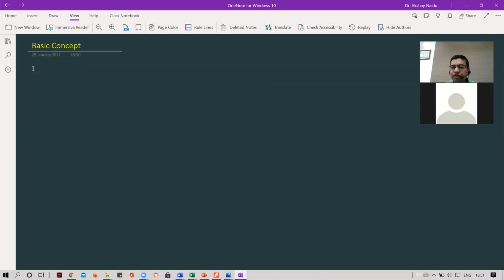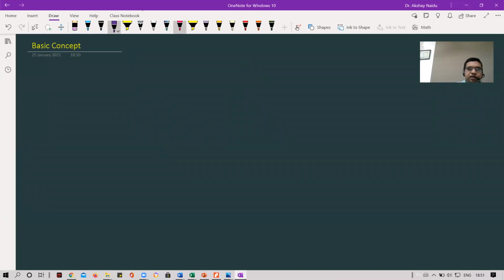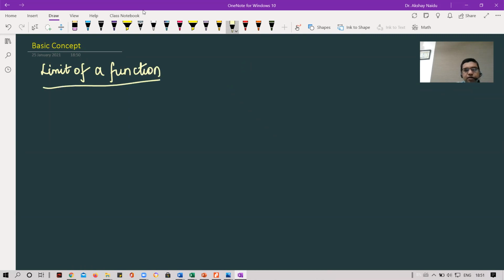So a function, this is what we are talking, limit of a function. We need to understand what we mean by it. Generally, I give a very simple example. Let's say a function is defined as x plus 3.